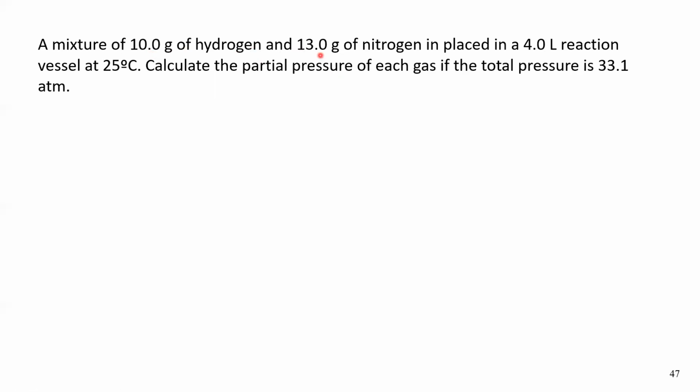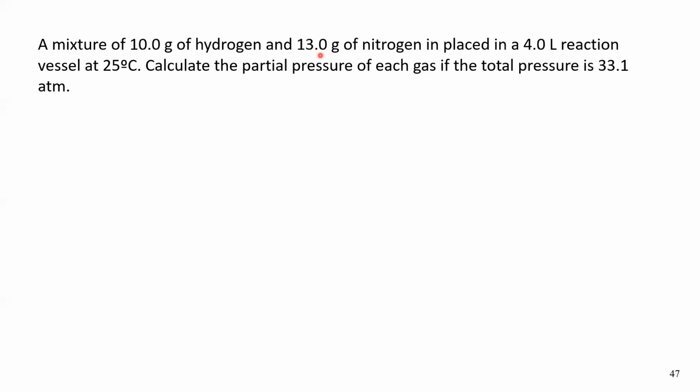So see if you can do just that part. Convert 10 grams of hydrogen to moles and convert 13 grams of nitrogen to moles. Remember that hydrogen and nitrogen are both diatomic. So hydrogen is H2 and nitrogen is N2.